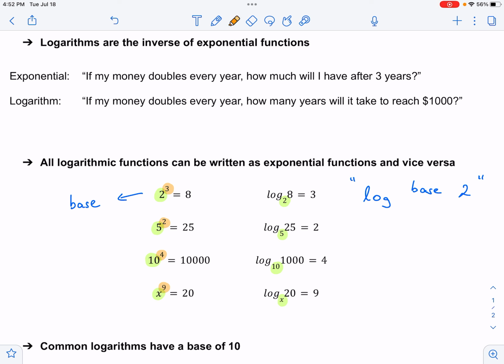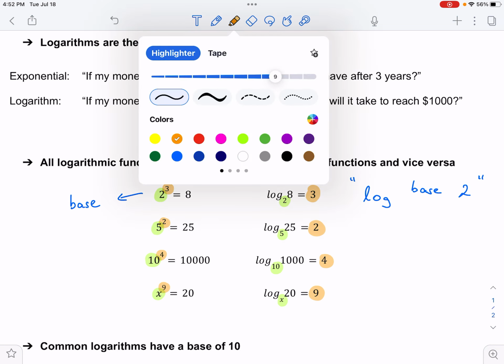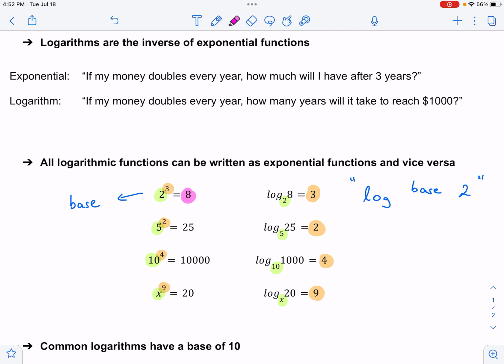The exponent of the exponential function is the answer to your question for your log. It's the information you're looking to find: what is the exponent? If the answer is 8, and notice where the 8 goes. So in this first question, it would actually say log base 2 of 8.